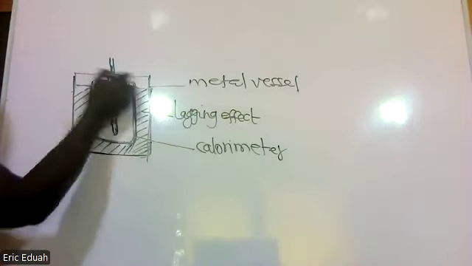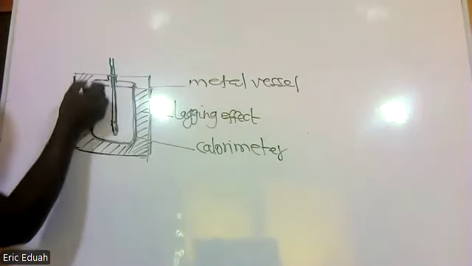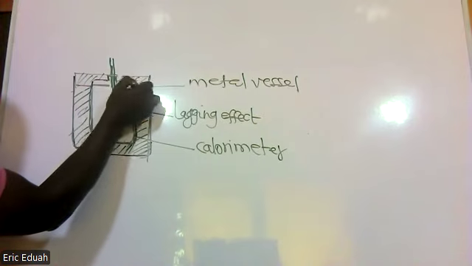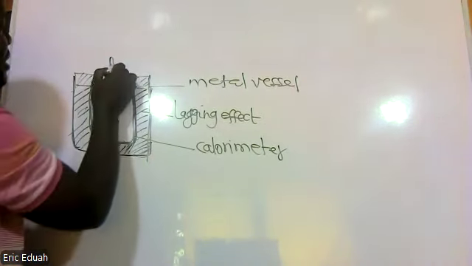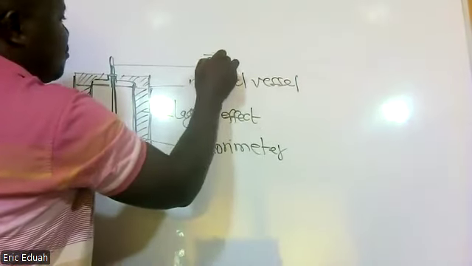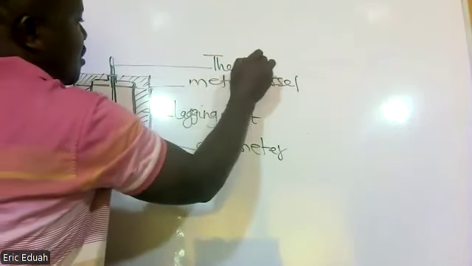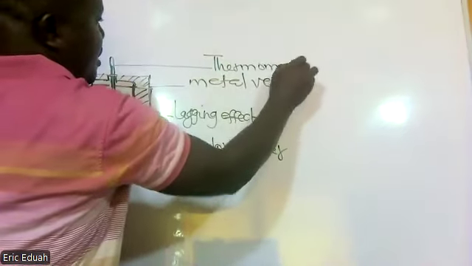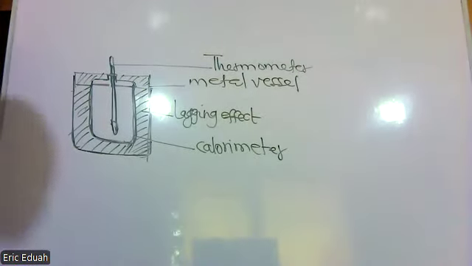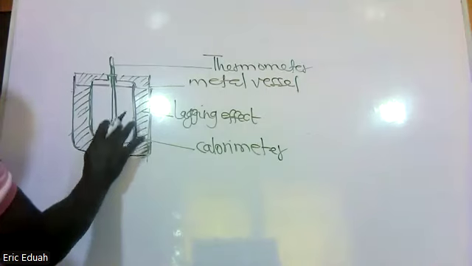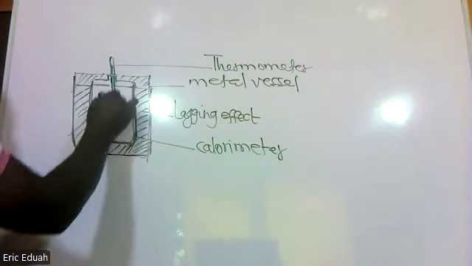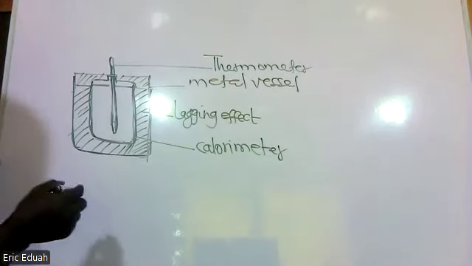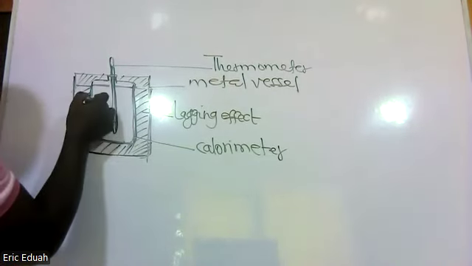There is this lagging effect all around so that they don't establish direct contact. This is a thermometer. Now, substances whose specific heat capacity and all that is put into this.